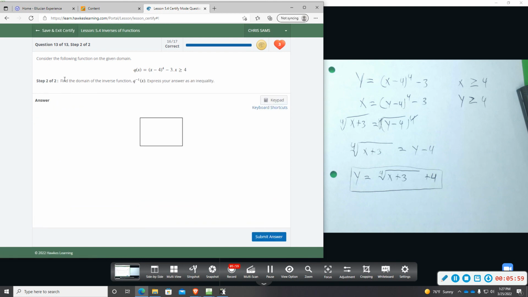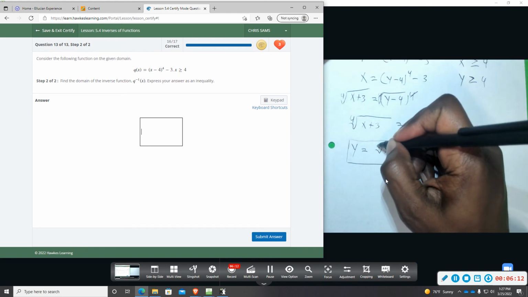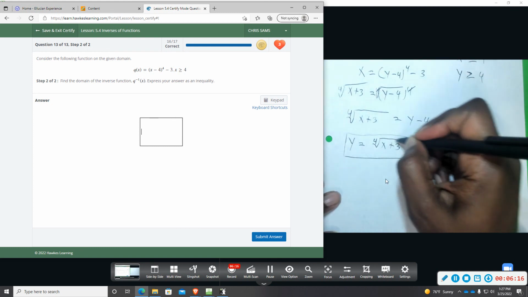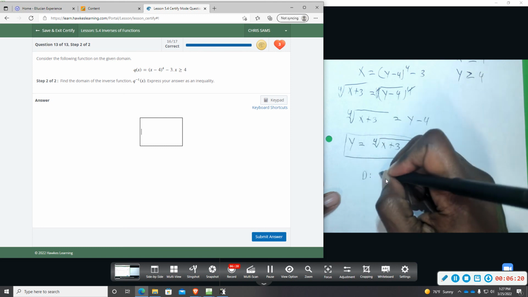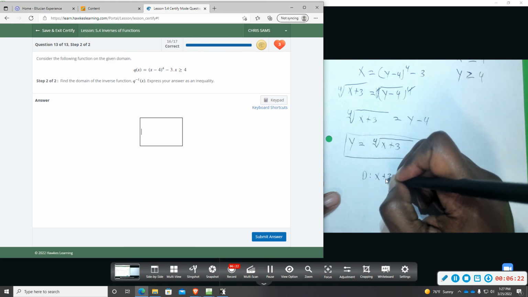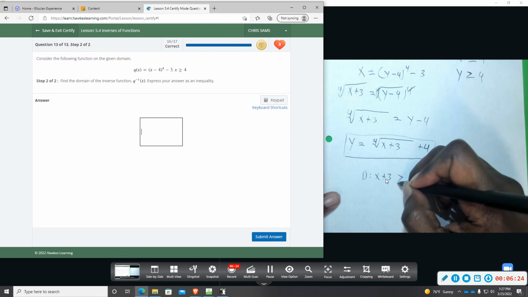And then part 2, we want to find the domain of the inverse. So we only want to use numbers that will allow us to have a positive under here. So whenever you have an even root, you're going to take whatever's under the radical, and that has to be greater than or equal to 0.